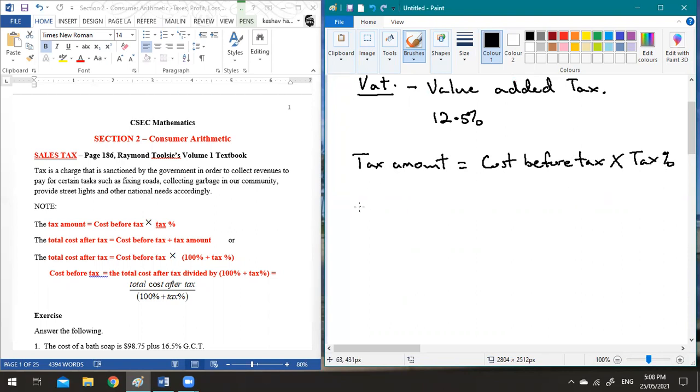The cost after tax will be the cost before tax plus the tax amount.